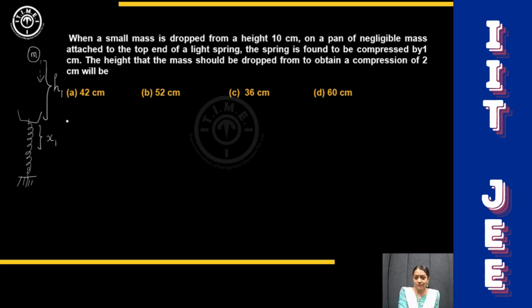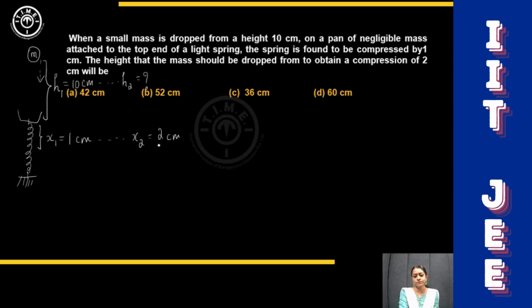It is given that when the mass is dropped from a height of 10 centimeter, it produces a compression of 1 centimeter in the spring. That is the data for the first case. And what is the second case? What should be the height from which the particle has to be dropped in order to produce a compression of 2 centimeter? So the value of x2 is 2 centimeter. Then what should be the value of h2?